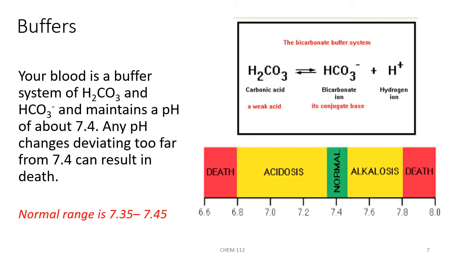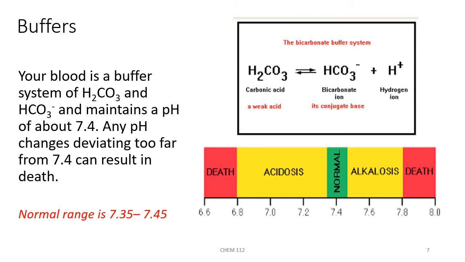An example of a buffer system you may have heard about before is called the bicarbonate buffer system. And your blood is a buffer that contains carbonic acid, which is H2CO3, and the bicarbonate ion, HCO3-. It helps your blood maintain a pH of about 7.4.